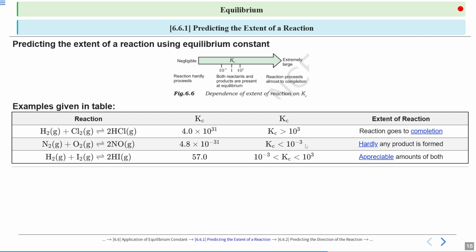This means that both the reactants and products are present in an appreciable or comparable amount. Is it clear? So remember, if you know the value of Kc, you can predict the extent of a reaction, or you can predict whether the reaction is reactant dominated, or product dominated, or dominated by both of them equally.